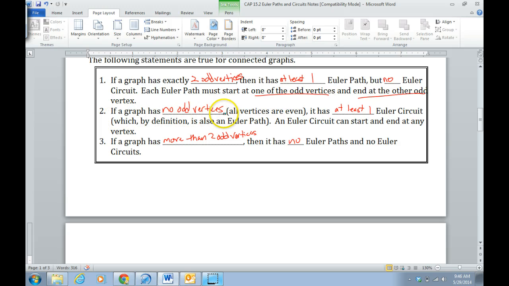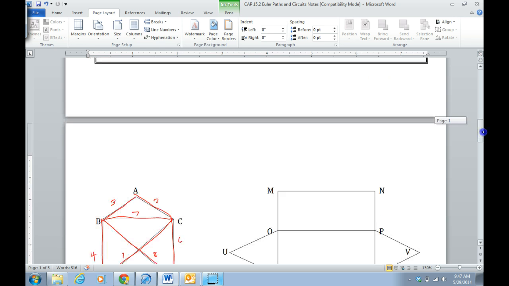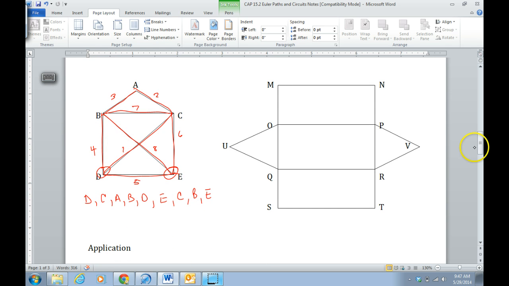No odd vertices. Then there has to be at least one Euler circuit. Okay? And you can start at any vertex. Doesn't matter which one you want to start at. So which vertex do you guys want to start at in this one? U? Okay, we'll start here. So that means we've got to end here.